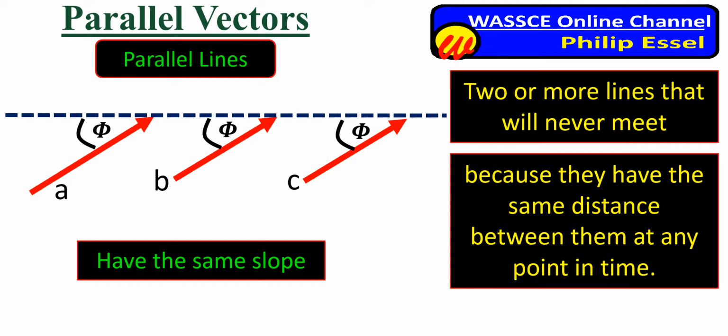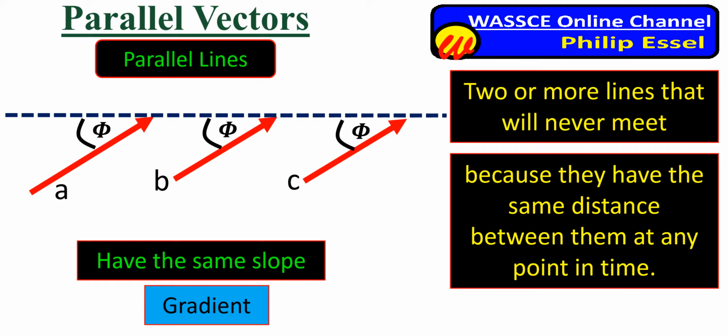Slope is also called gradient. Again, I will need you to note that parallel lines do not always move in the same direction. There are instances when parallel lines move in opposite directions, although they still have the same distance between them.